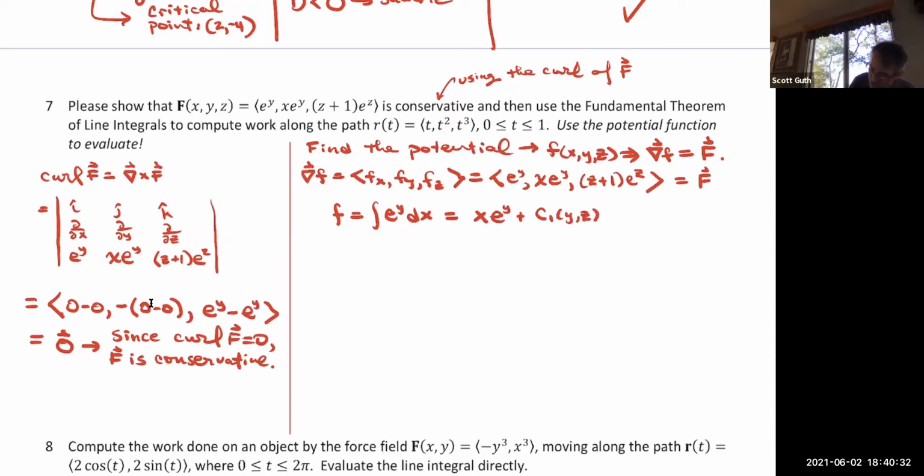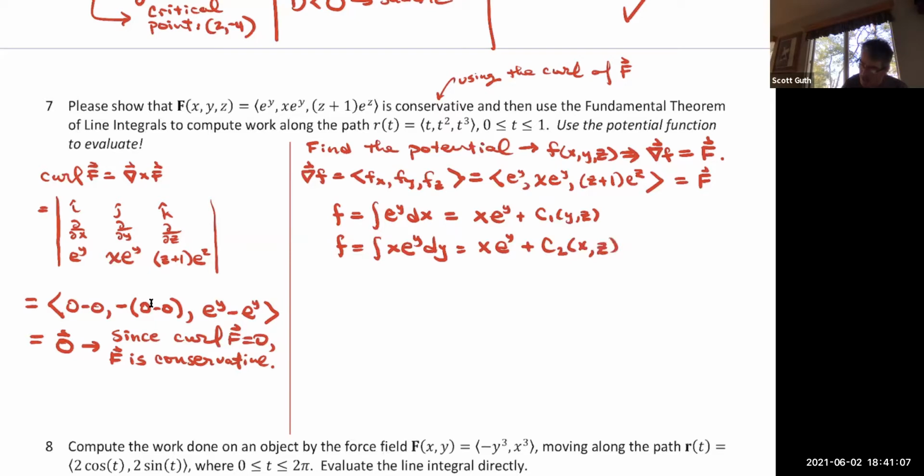But f is also the antiderivative of x e to the y dy. And that's super easy. That's just going to be x e to the y plus another constant. This is dy, so a function of x and z would be treated as a constant.